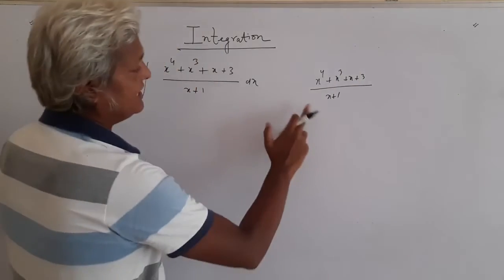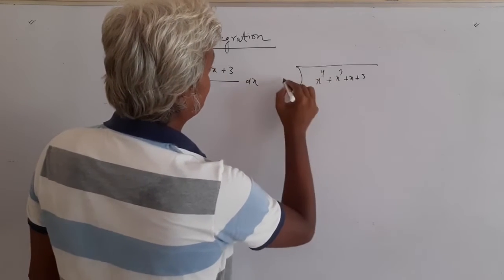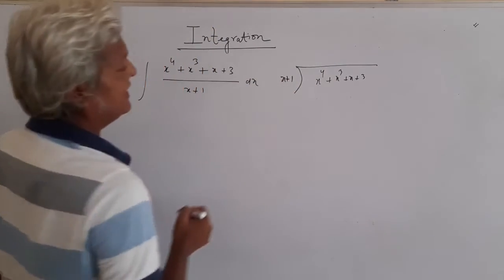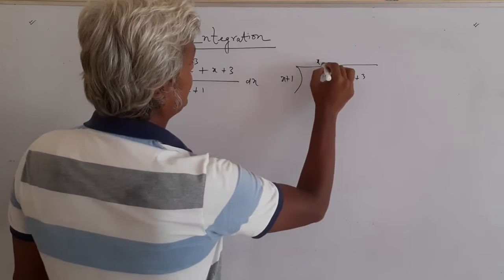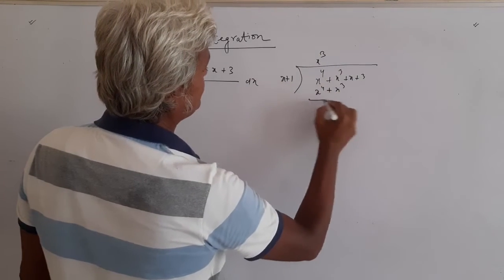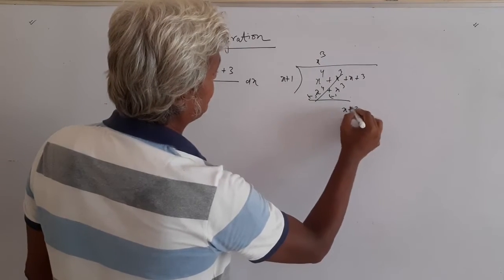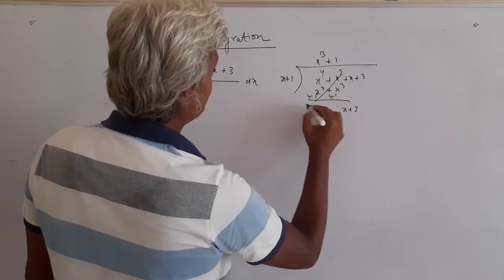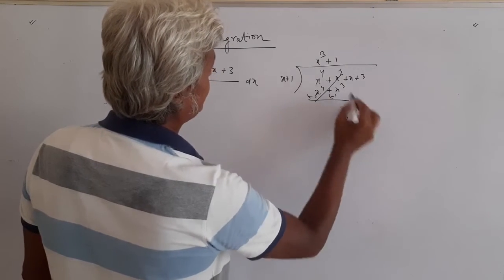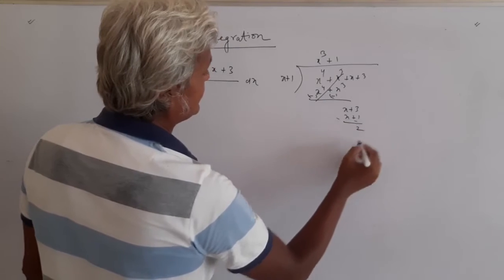Just divide it, you get x cube here. So x to the power 4 plus x cube, subtract, these two cancel, you just have x plus 3. Then plus 1 times, you get x plus 1 here, 1 into x plus 1 is x plus 1, subtract, this gives 2.